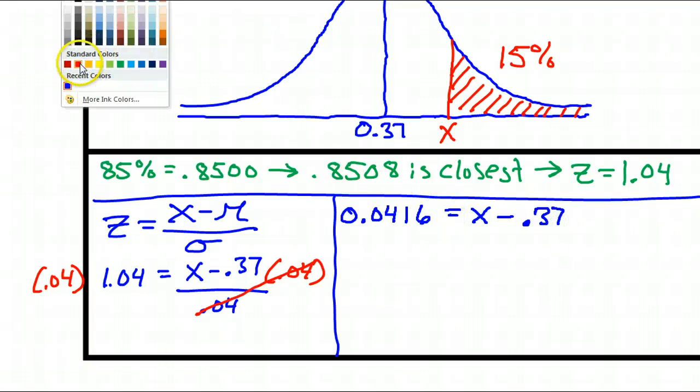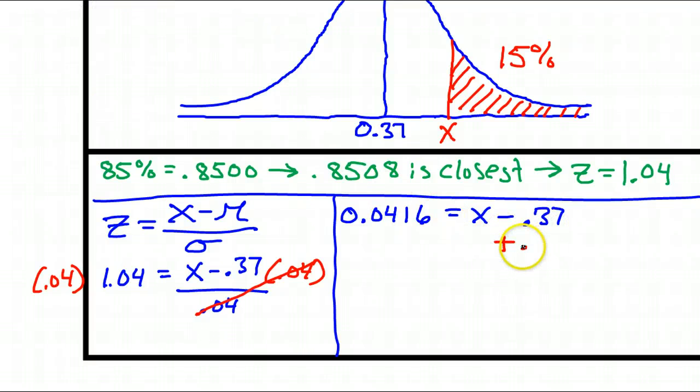Trying to get x by itself, so I will do plus 0.37 on both sides. I'll do that now. So that's going to give me 0.4116. And that is equal to x, which is what I was looking for.